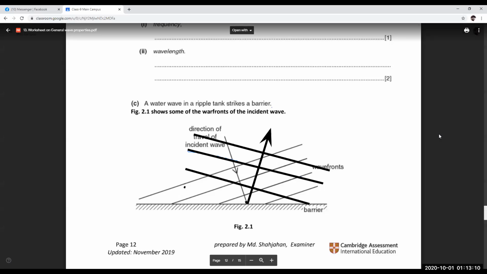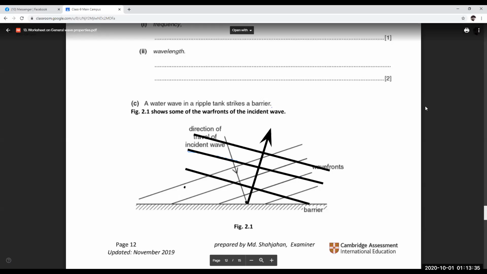And another thing, it is reflected, so we draw the reflected arrow, and after drawing the arrow, we make the wavefronts, which are perpendicular with the arrow. Is it clear?